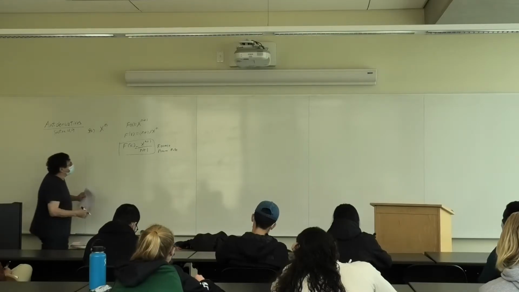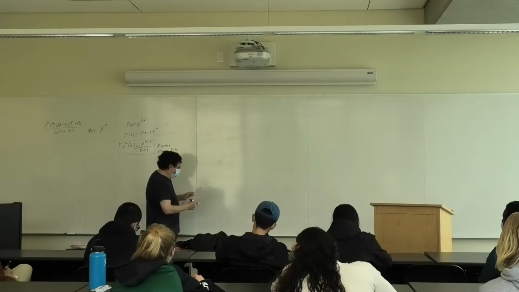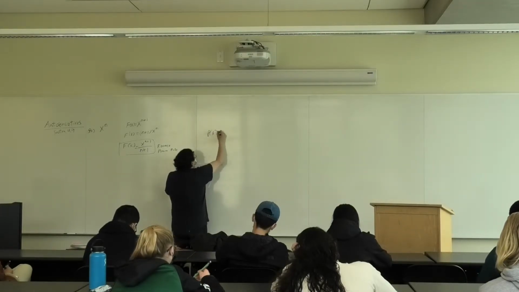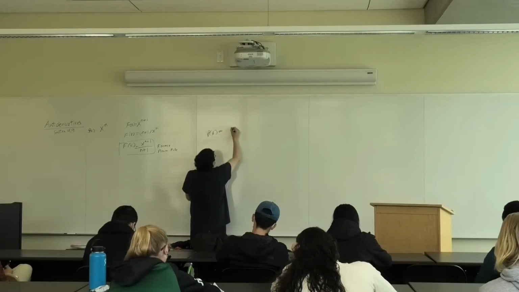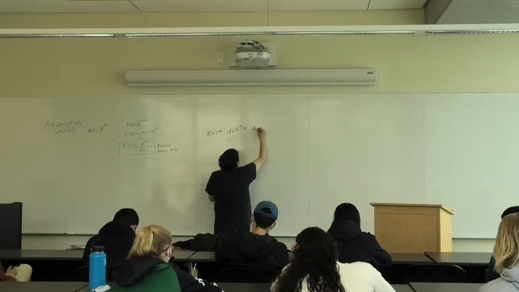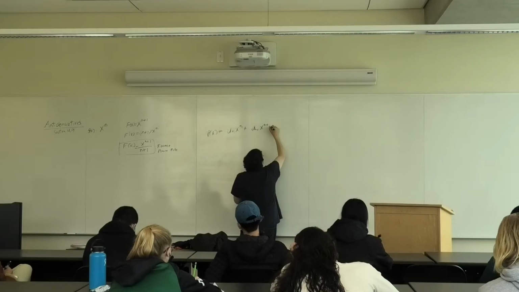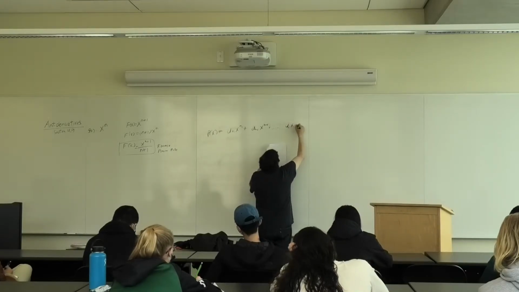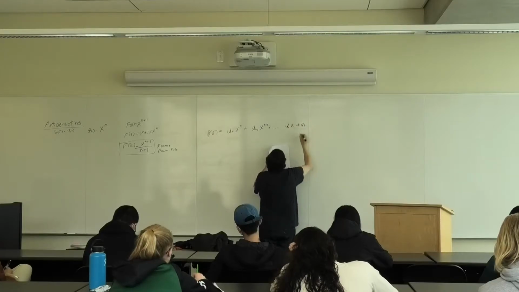From this, if we had a more general polynomial, a_n x to the n plus a_(n-1) x to the n minus 1 plus and so forth, down to a_1 x plus a_0.